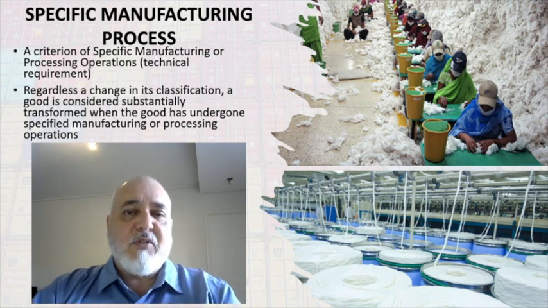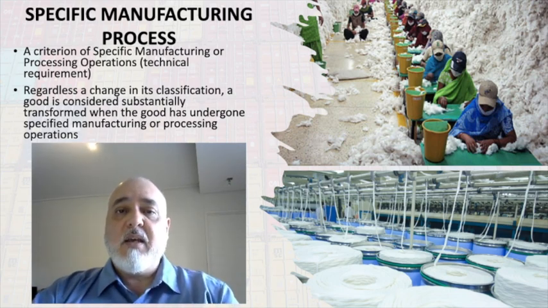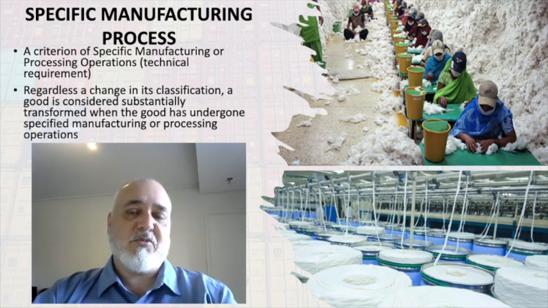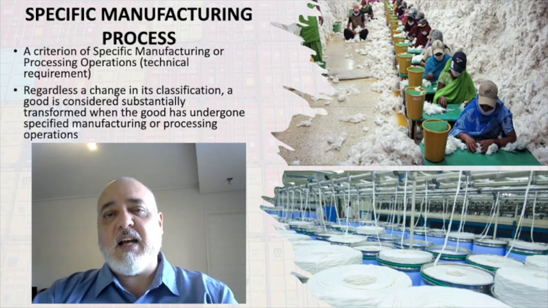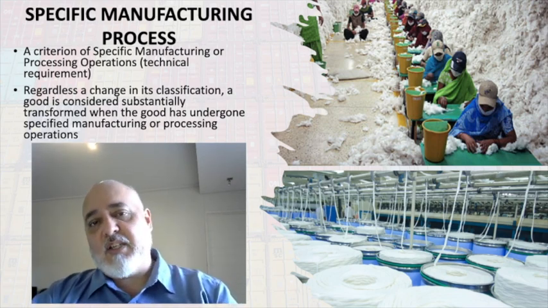The specific manufacturing or processing operation criterion is often used in industries where there is a high degree of technical expertise required, such as the aerospace or automotive industry. The criterion can help ensure that the manufacturing or processing operations are done correctly and meet the necessary requirements for the product to be considered originating.